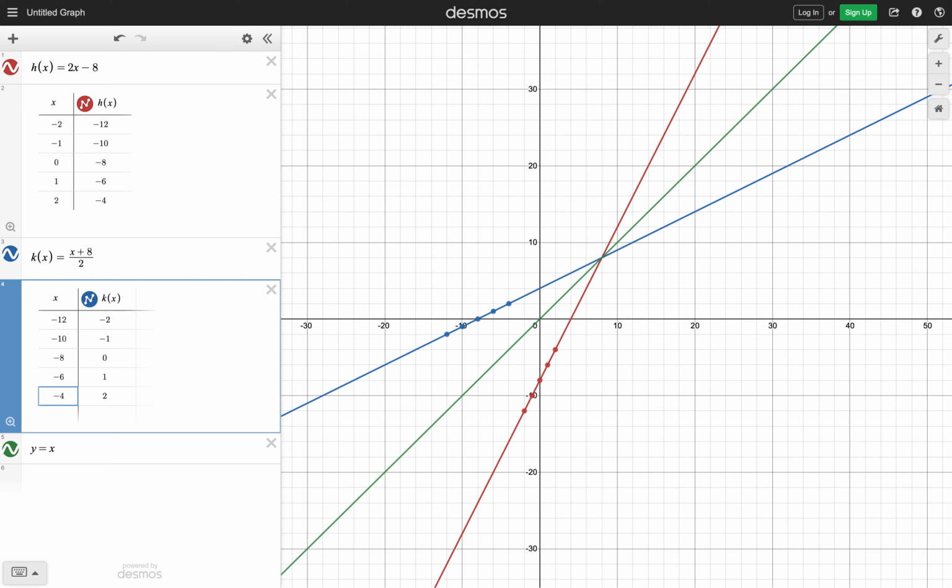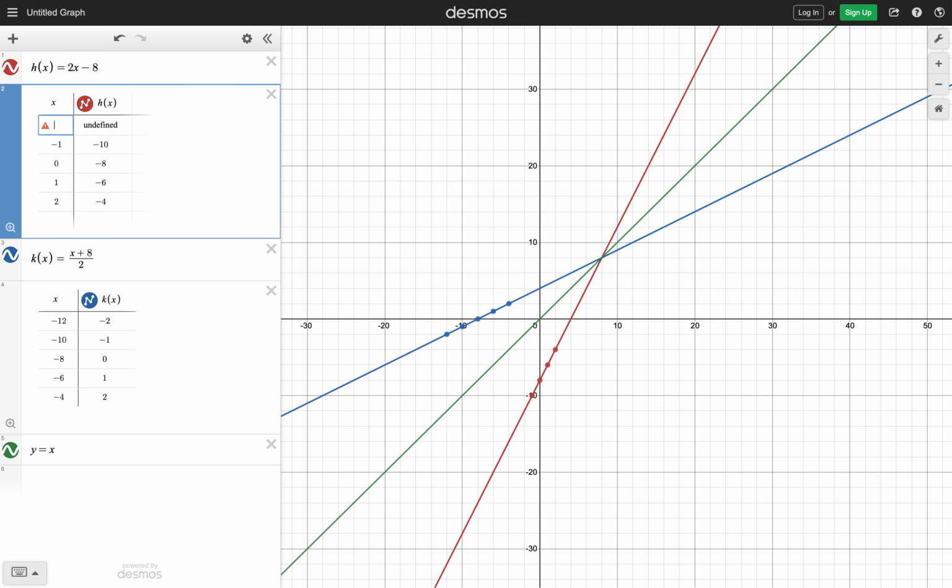And if I were to venture out further, let me change these ordered pairs. Then this will show it better. 2, negative 4. Yeah, that's more like what I want.